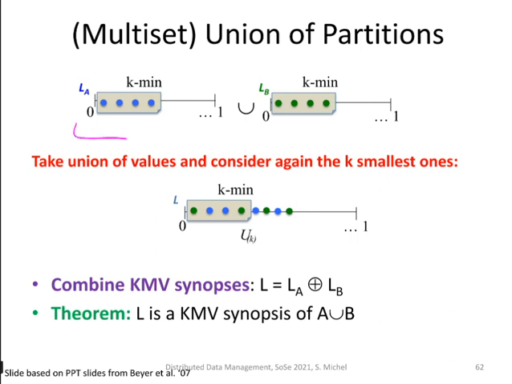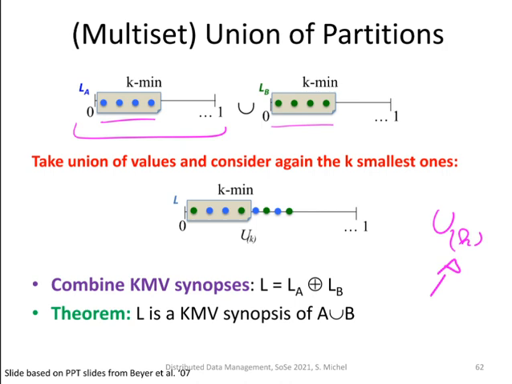Here you have the synopsis for a set A and for a set B. We look at the k minimum values, not only at the uk value, this is important now. You really keep the k smallest values in the synopsis. This is enough for the estimator, but on this slide it should be clear why we're keeping the k smallest values: because now we need them.